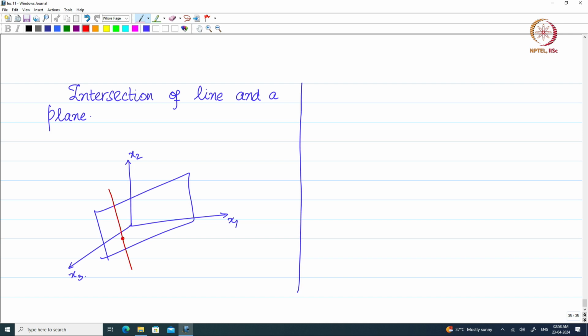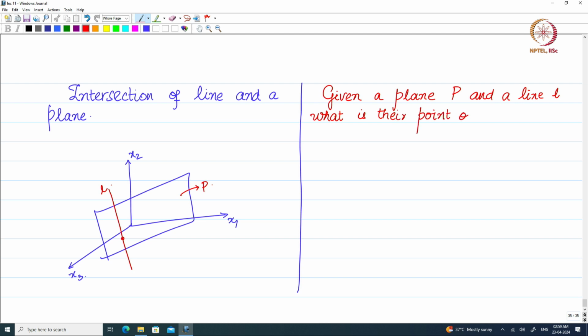So, let us call this the plane P and let us call this the line L. So, given a plane P and a line L, now we ask this question, what is their point of intersection.